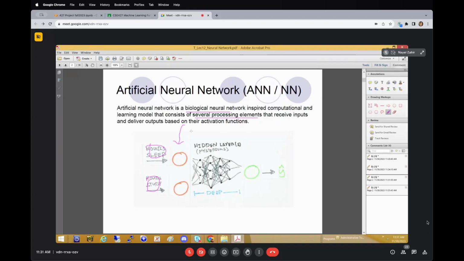So this is called the input layer. In our input, we have hours of sleep and hours of study. In this input layer, we have just two neurons. Why two neurons? Because we have two features.